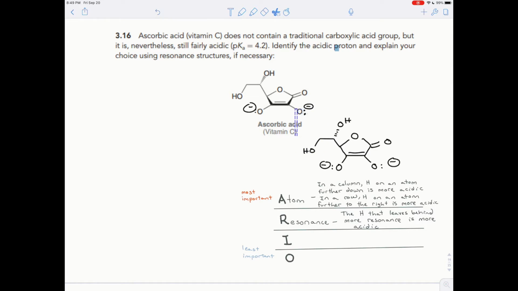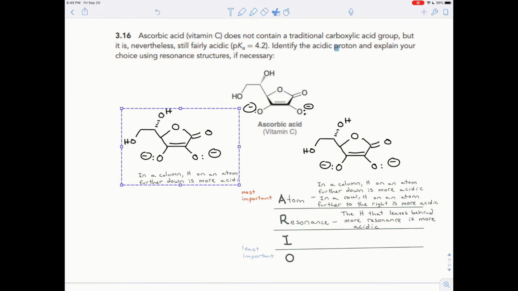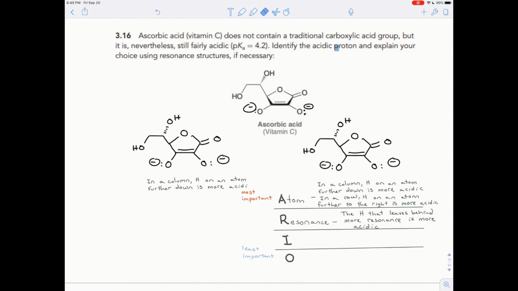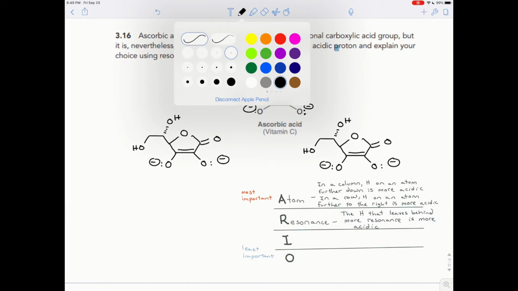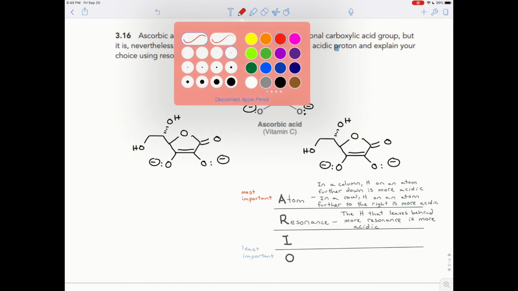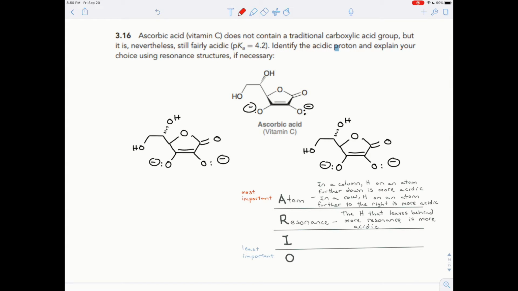So let's imagine the resonance for each of these lone pairs. So first, this lone pair on the right, it's allylic, so it would go toward the pi bond, and the pi bond would go onto the atom that's away from the allylic lone pair to form a new lone pair.